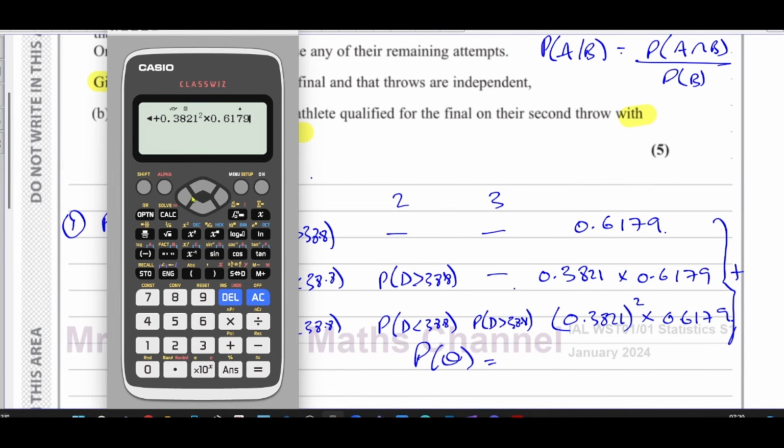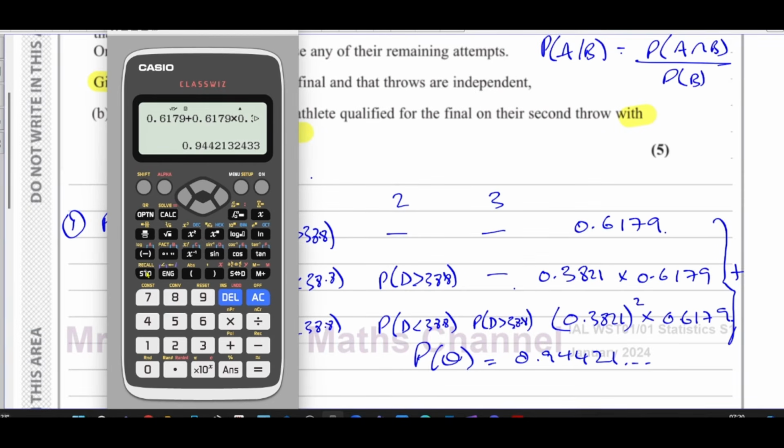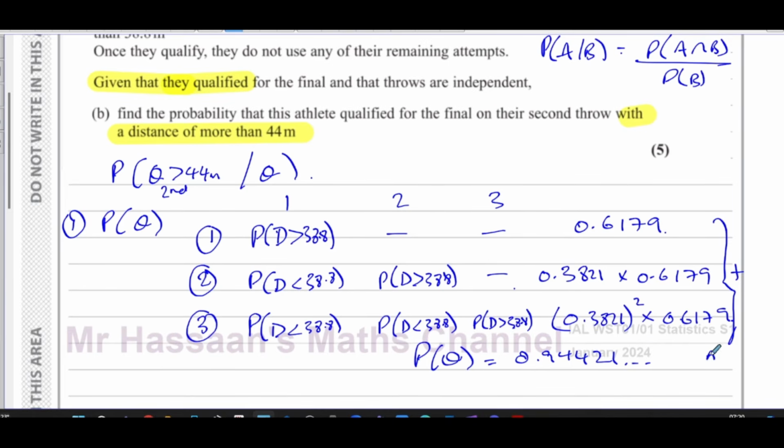You have to be very careful when you're putting these numbers in because it's very easy to make a mistake. So that gives us 0.94421. I'm not going to round this. In fact, I'm going to store this as A in my calculator. So I'll put a little A here to remind myself that I've stored this value as A.